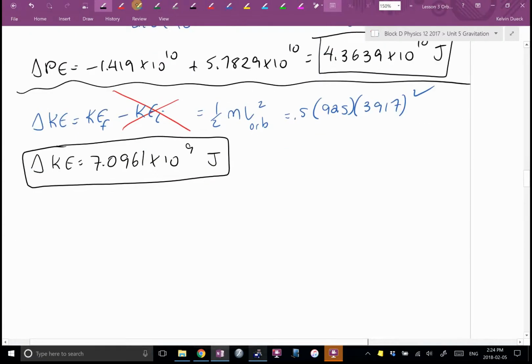Here we go. Mitra, what did this question want me to find? The work. And we said the work was equal to the change in potential, 4.3639 times 10 to the 10th, plus the change in kinetic, 7.0961 times 10 to the 9th. Takes a lot of work to figure out how much work.